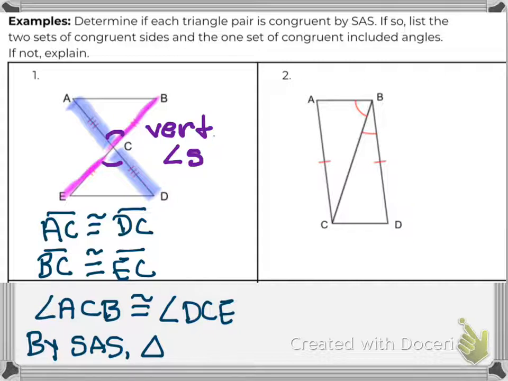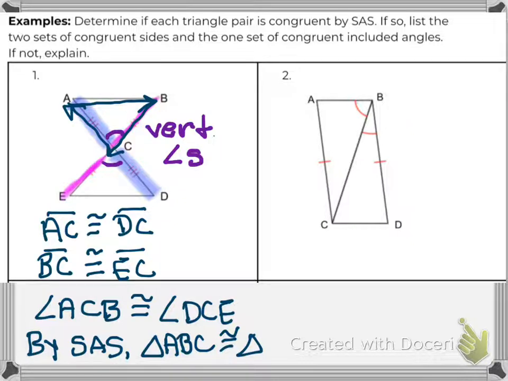So if I'm going to say ABC, so A to B to C, I've got to follow that same direction when I name the second triangle. Good review from the side lesson.